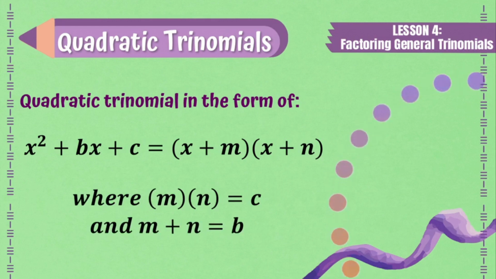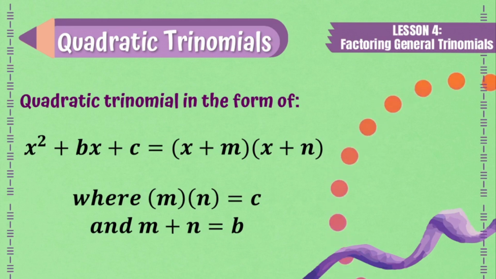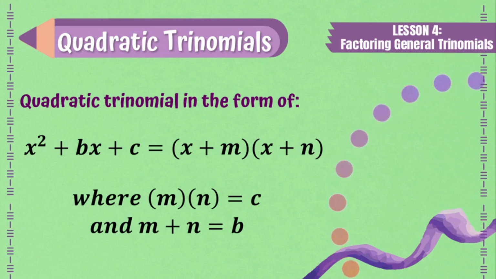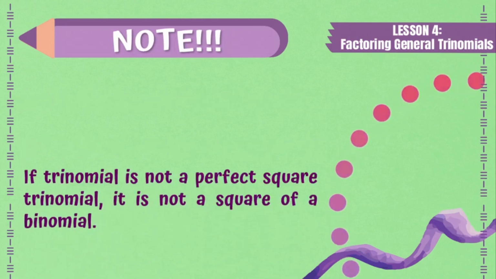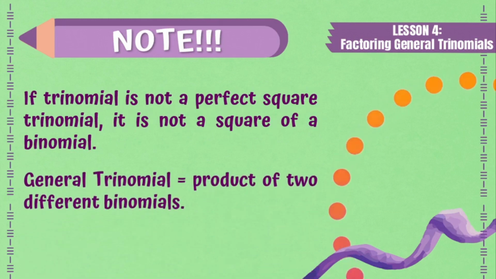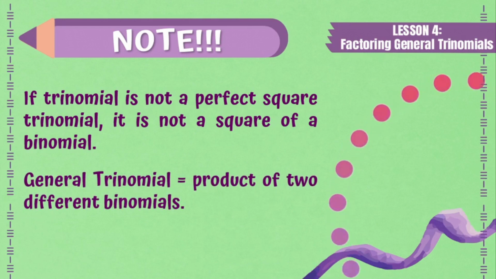When we say quadratic trinomial, it is a trinomial or polynomial whose degree is equal to 2, or the highest exponent of the variable is equal to 2. Note that if a trinomial is not a perfect square trinomial, it is not a square of a binomial, and a general trinomial is equal to the product of two different binomials.